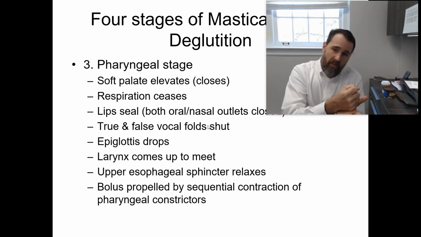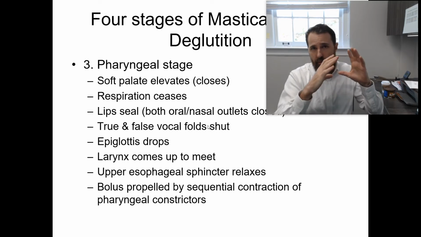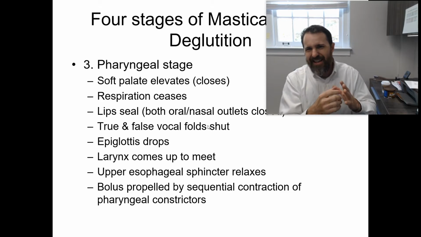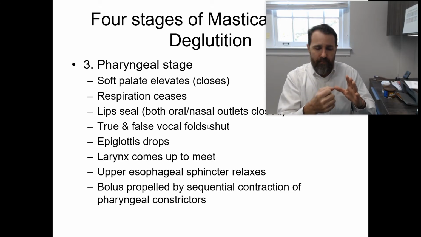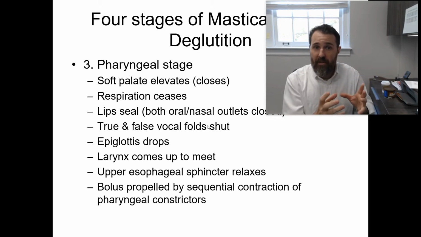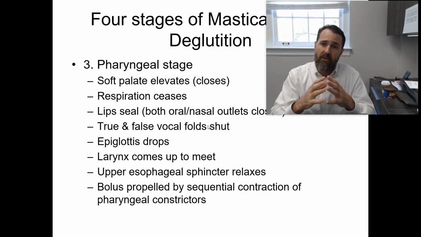So let's say the bolus rolls off the back of the tongue through the posterior faucial pillars into the pharynx. Swallow reflex is triggered as the bolus enters into the pharyngeal stage of the swallow.